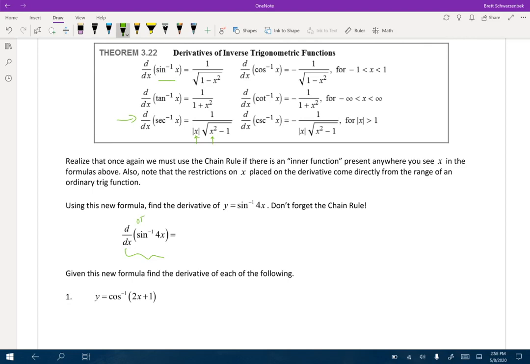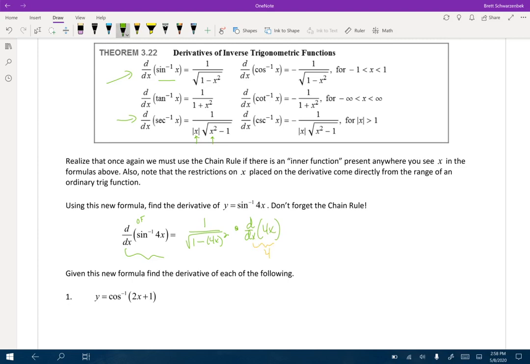What is the derivative of the outer function? It's right here. It is 1 over the square root of 1 minus our inner function squared. Notice I didn't put just an x there. It would be wrong. That is just a placeholder for the inner function. Then I will have to multiply by the derivative of our inner function 4x. Well, we of course know that that is just 4.